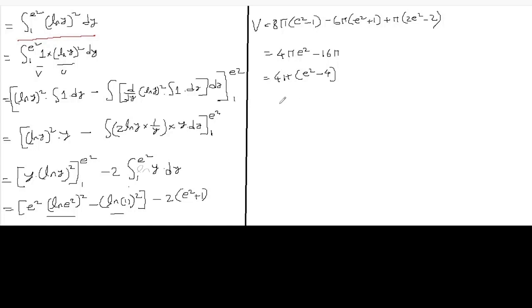So finally we can conclude the volume of the solid is equal to 4 pi into e square minus 4.